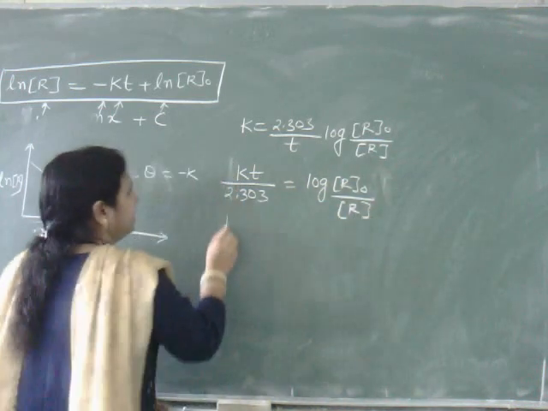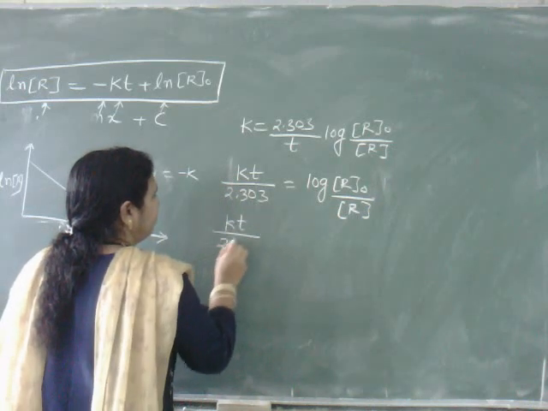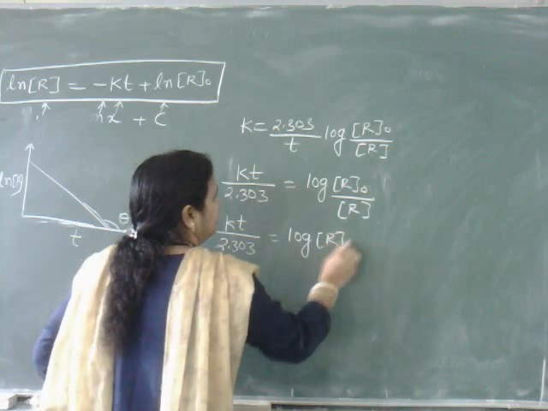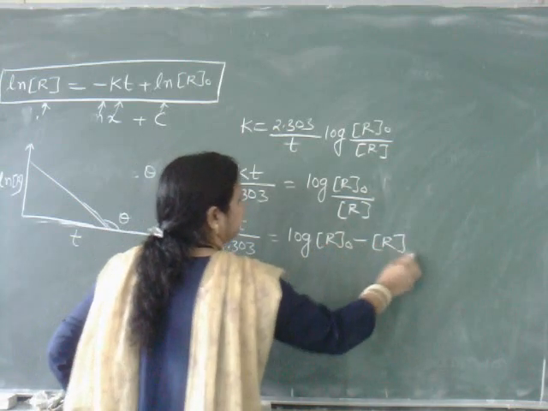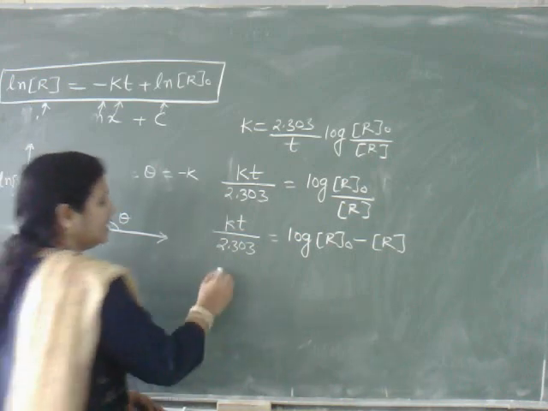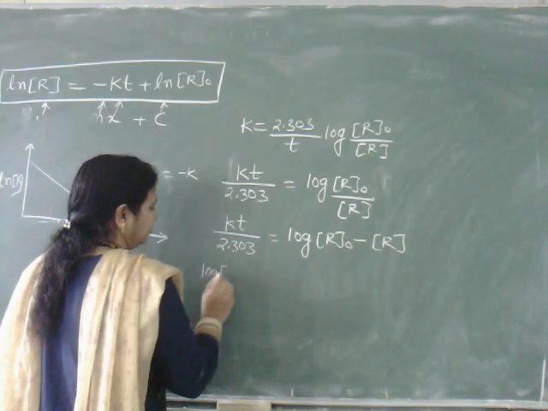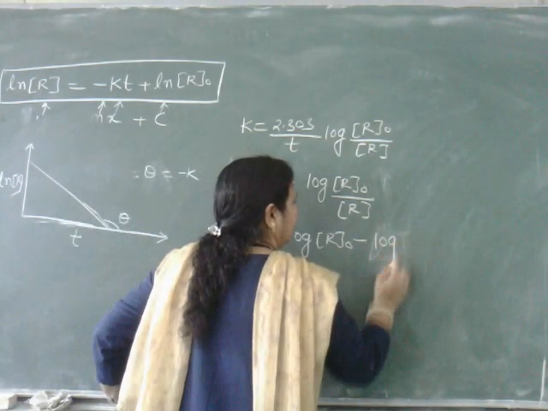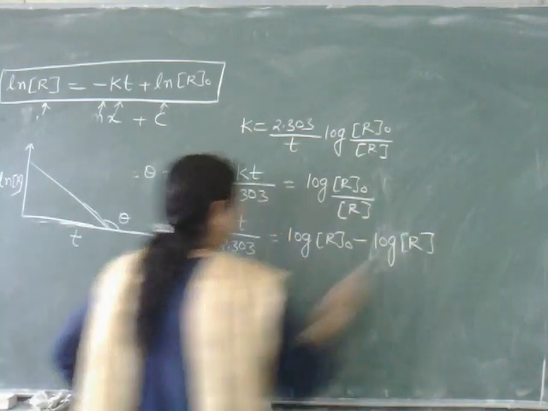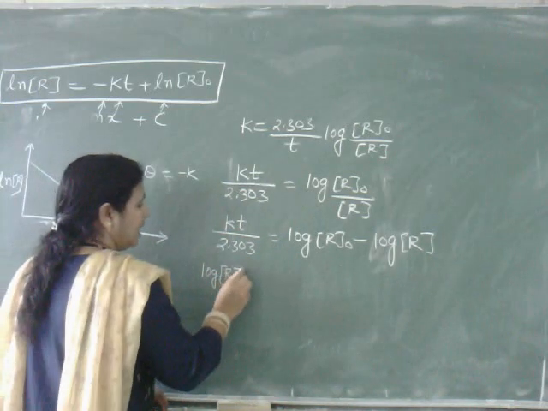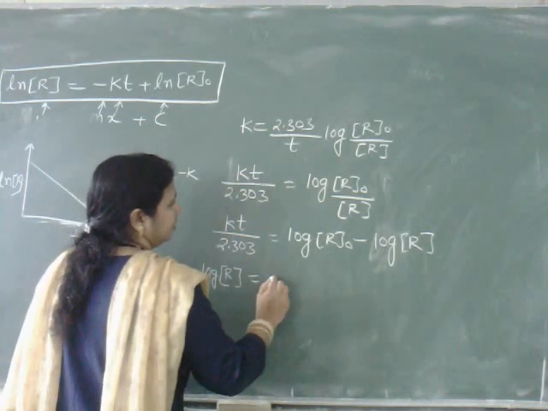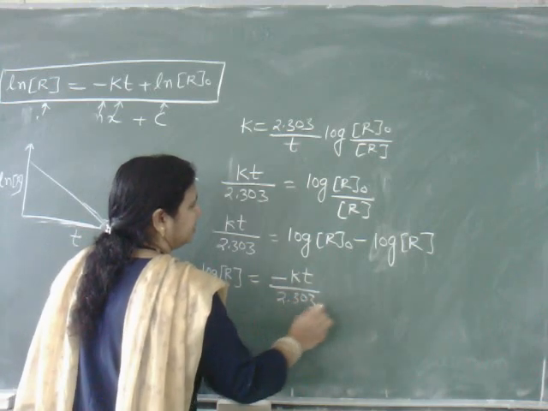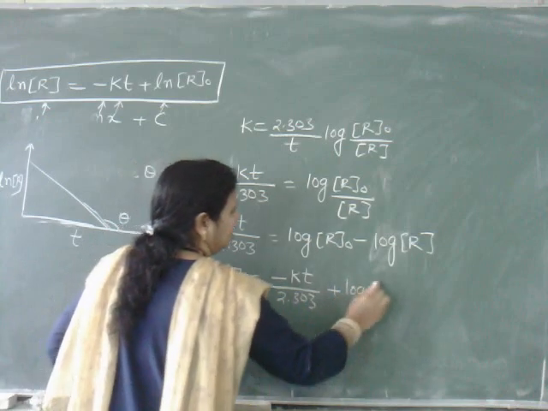Or we can write kt by 2.303 is equal to log r naught minus log r. Or rearrange: log r is equal to minus kt divided by 2.303 plus log r naught.